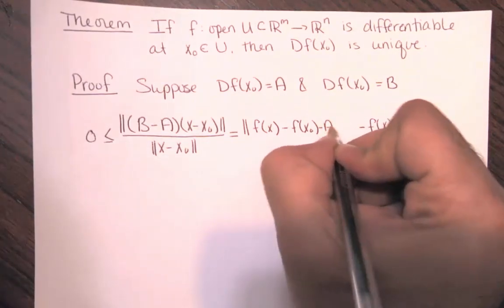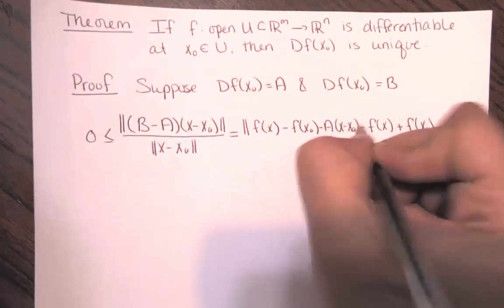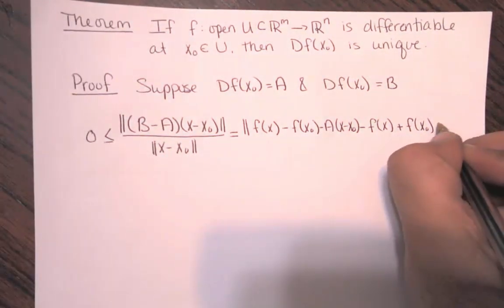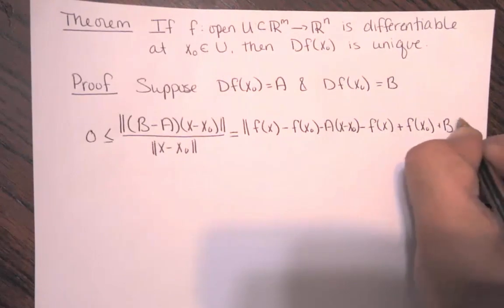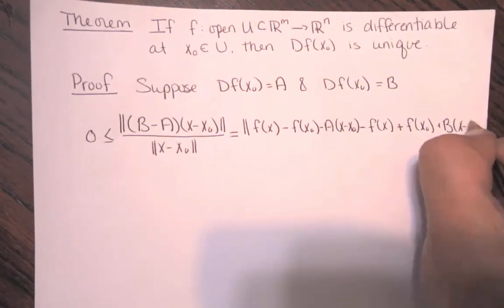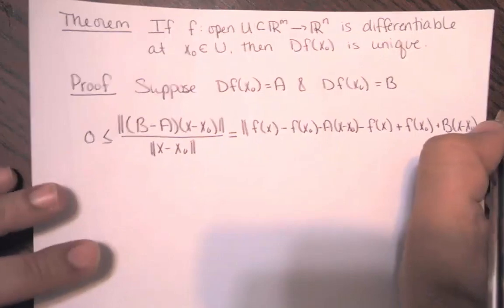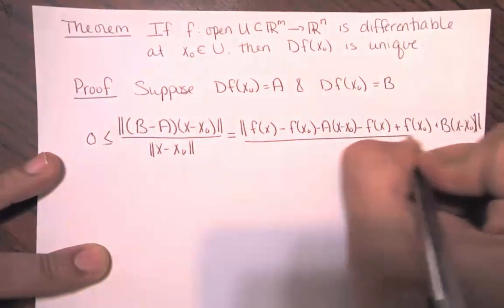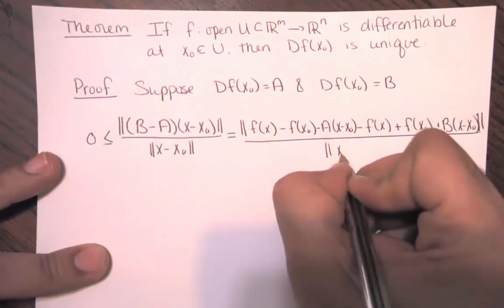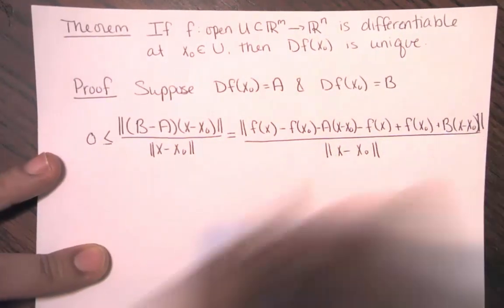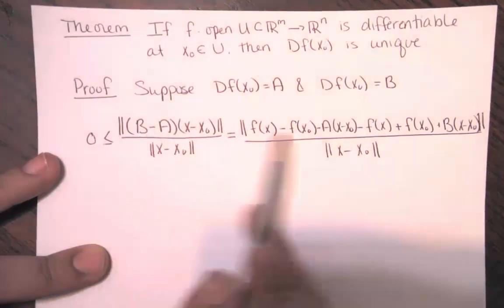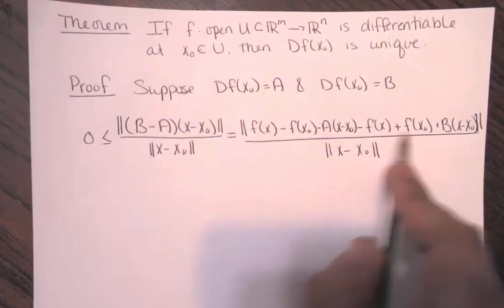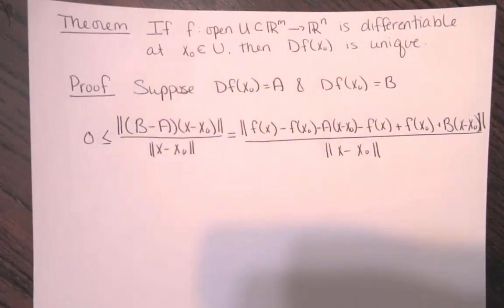We'll subtract A times x minus x naught, of course, that's here. And we'll add B times x minus x naught, divided by the norm of x minus x naught. So notice these numerators are equal because all I did is add and subtract f of x, add and subtract f of x naught.